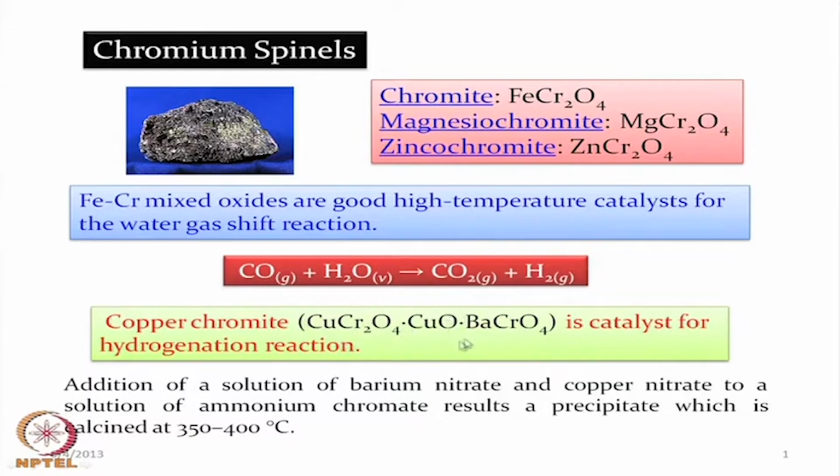These mixed oxides of superconducting type can be formed and it can only result at a particular calcination temperature, because the dried precipitate can be heated at 350 to 400 degrees centigrade for the typical calcination reaction.